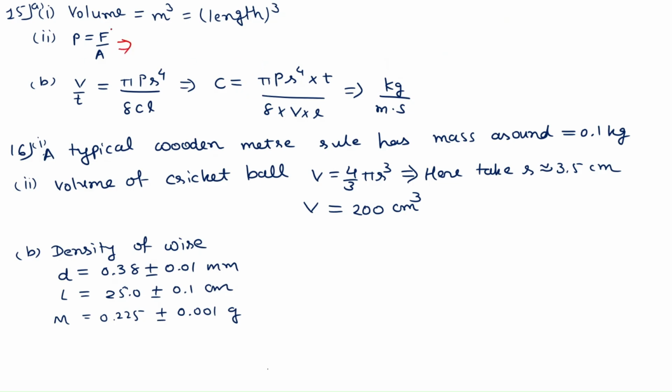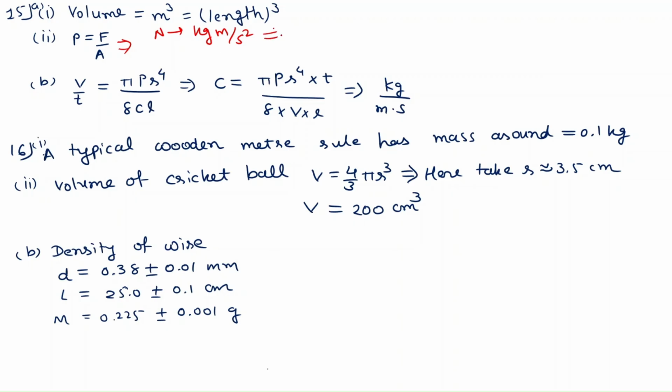For that, you first have to know what we mean by pressure. Pressure is force per unit area, and the formula is force upon area. We already know the SI unit of force is the Newton, and the Newton is given by kilogram meter per second squared, which is in base SI units.